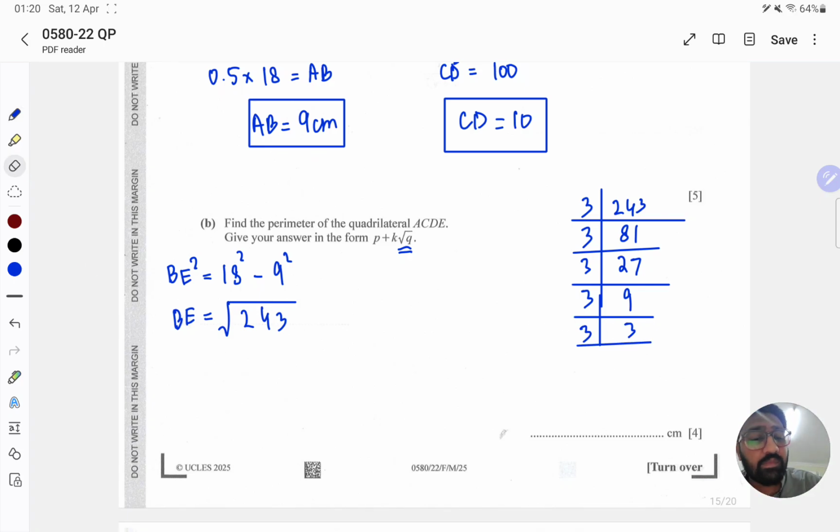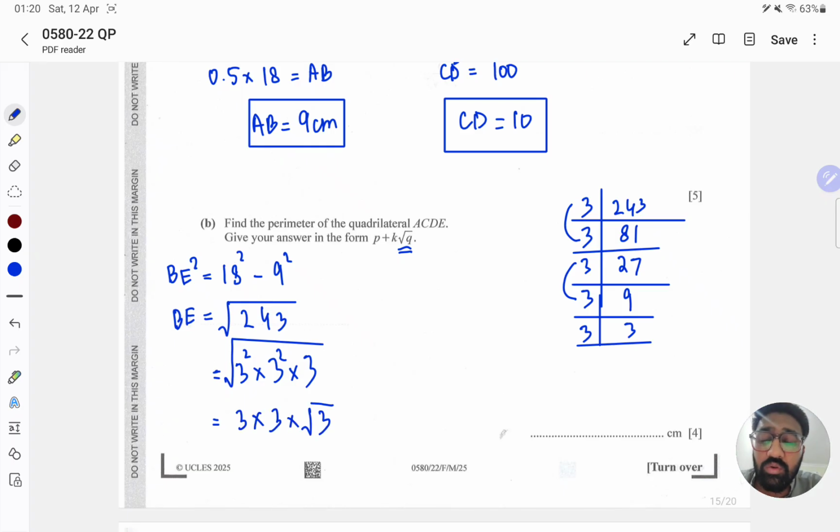Now for the square root, you are always supposed to make pairs. So I can write 3 square times 3 square times 3, and there is a square root on top. The square and the square roots are going to cancel out. So this 3 and this 3 will come out of the square root, and this square root 3 will stay as it is. So BE will be basically 9 square root of 3.